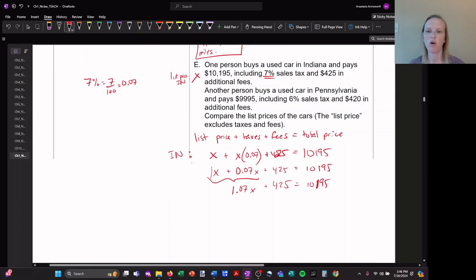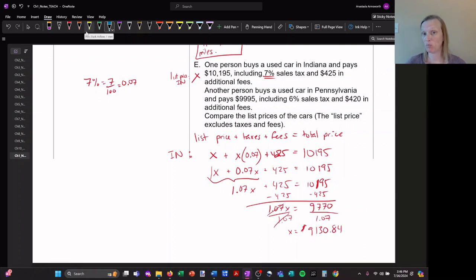And now this is a straightforward equation where we just need to subtract 425 from both sides of the equation. And we get 1.07x equals 9,770. And if we divide both sides by 1.07, then we get X equals $9,130.84, which was the list price in Indiana.